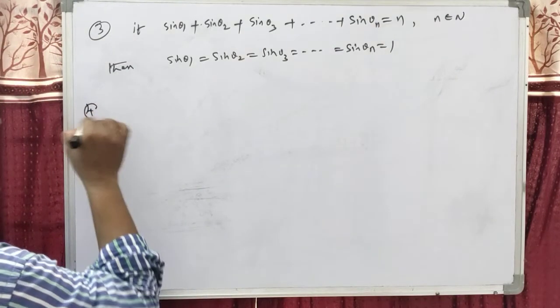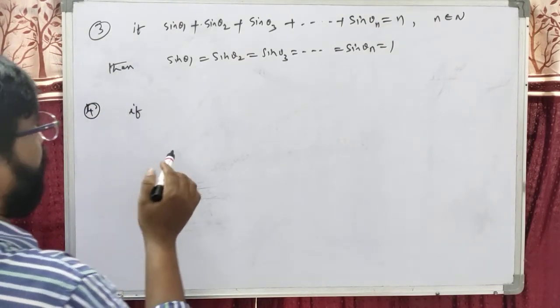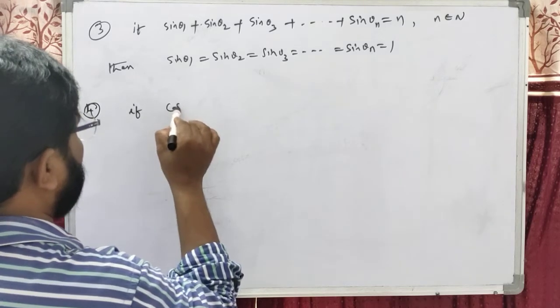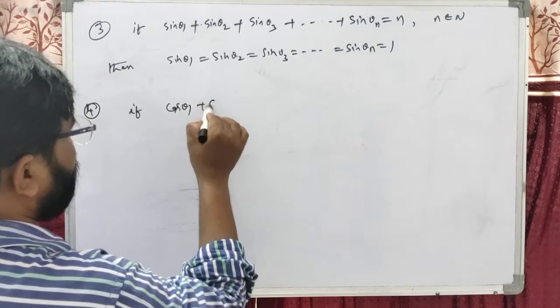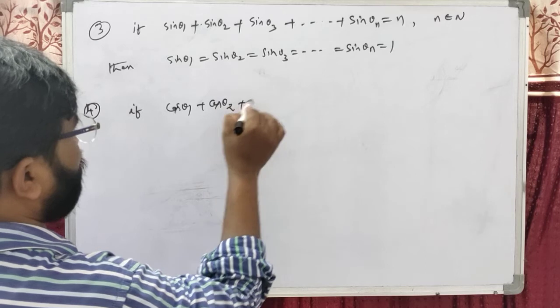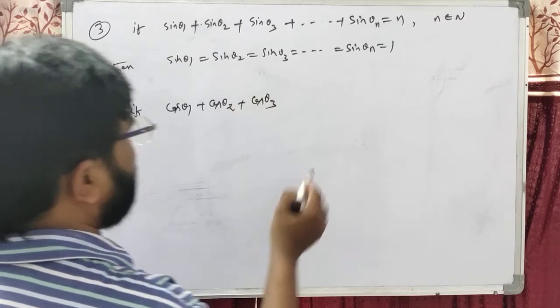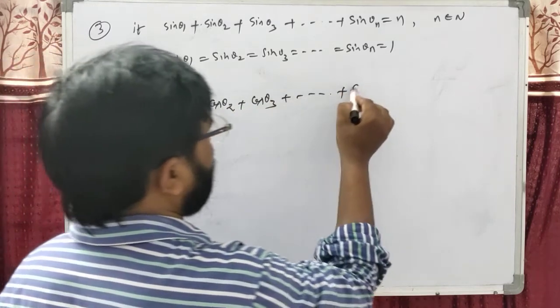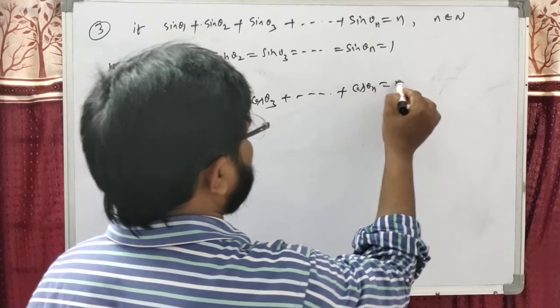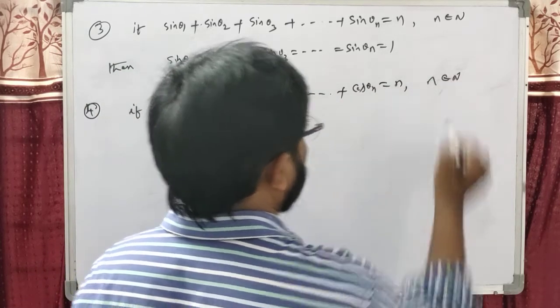Similarly students, if cos theta 1 plus cos theta 2 plus cos theta 3 and so on, plus cos theta n is n, where n belongs to the natural numbers, then each cos theta must equal 1.